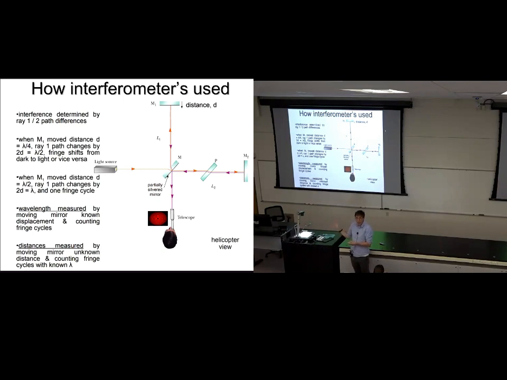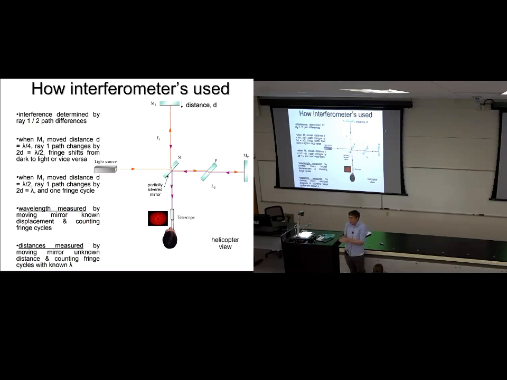And so this fringe pattern is going to change. What was a dark fringe, once we move the mirror by 1/4 of a wavelength, becomes a bright fringe. What was a bright fringe now becomes a dark fringe. And this is called a fringe shift. It's a fringe shift from bright to dark or dark to bright, and you get one fringe shift when you move the mirror by 1/4 of a wavelength.